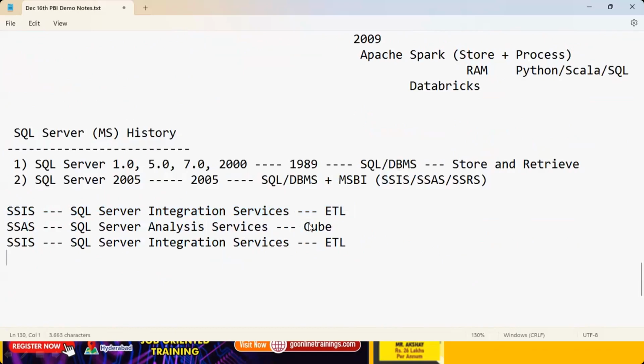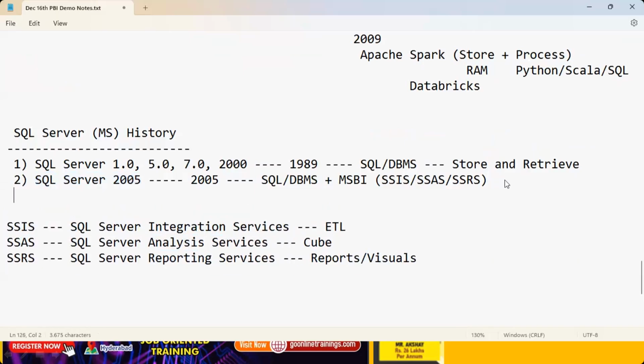Tomorrow I'll talk about this. And the last one is a reporting tool, similar to your Excel sheets or Power BI today, where you can create a lot of reports and visualizations. So these are the three tools launched in SQL Server 2005.